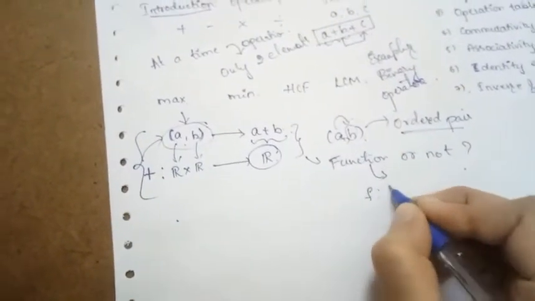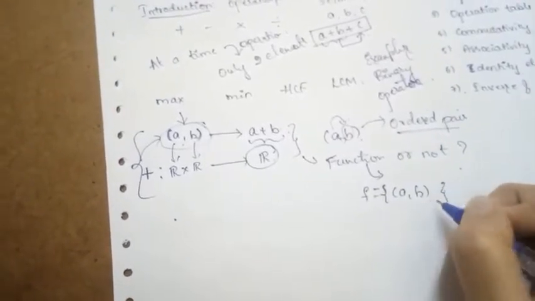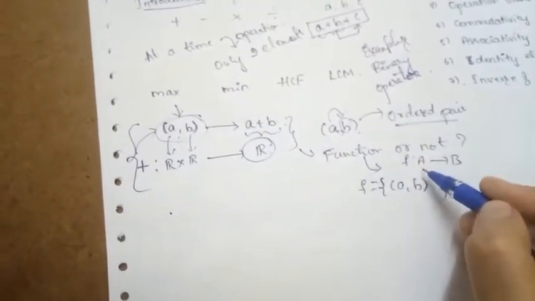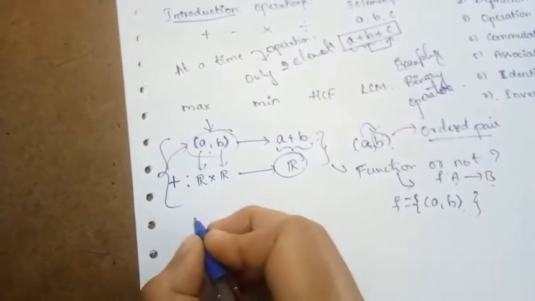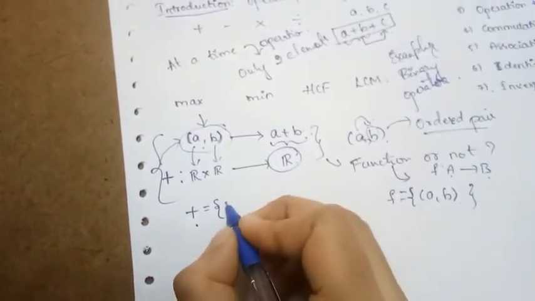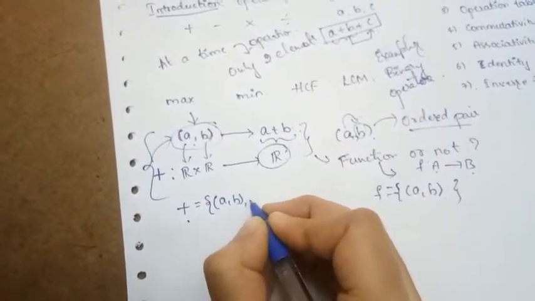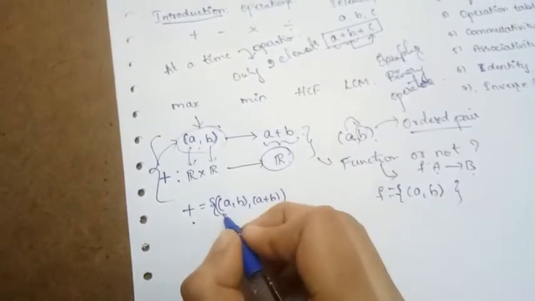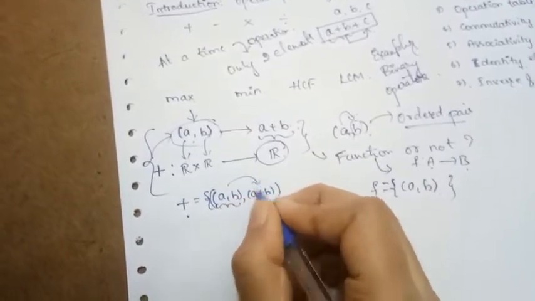Generally we write f = {(a, b)}, a general function f from A to B, where a is an element of A and b is an element of B. Suppose the operator is plus; then we write ((a, b), a + b). Here the first element is (a, b), and the image of this element is a + b.